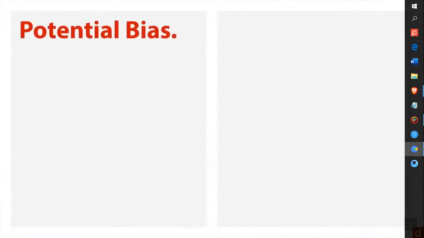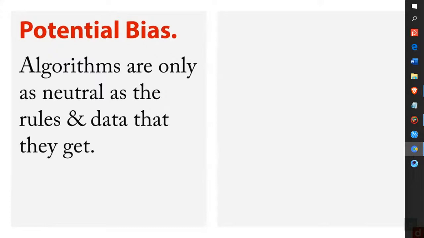Now, two other things come up in terms of ethics, but don't usually get addressed in these conversations. Number one is potential bias. The idea here is that the algorithms or the formulas used in data science are only as neutral and bias free as the rules and the data that they get.